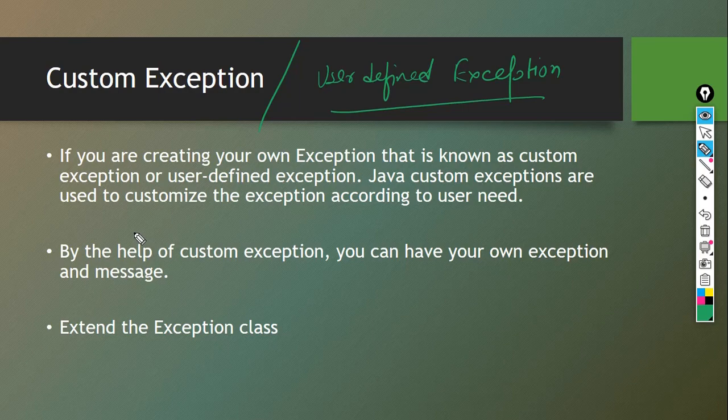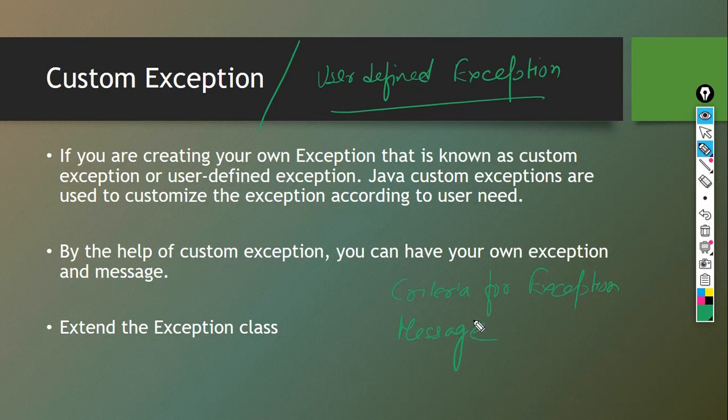We can actually use the exceptions that are available in the library and extend them. That means by inheriting them, we can create our own exception. By the help of custom exception, you can have your own exception and message. That means you can have your own criteria for exception, and you can have your own custom message.